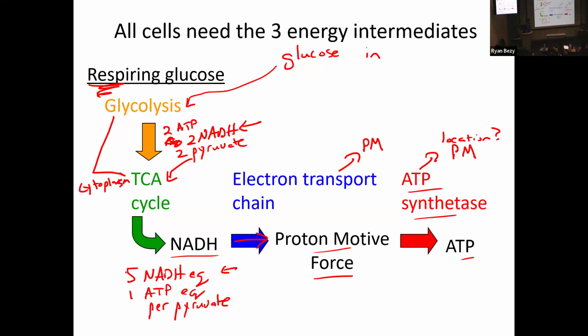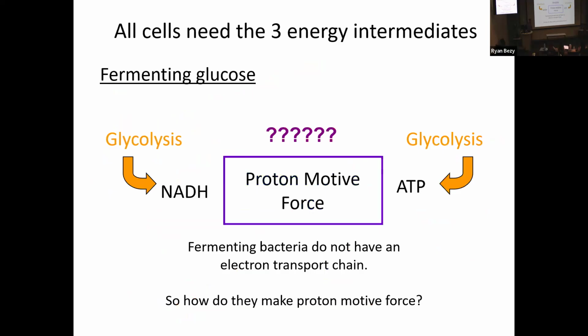Now, I could also say something like an organism is fermenting glucose. If glucose is going in, what process is it always doing? Yeah, glucose is going to go into glycolysis first. But if I say it is fermenting glucose, that means glycolysis is getting coupled with fermentation instead of respiration.